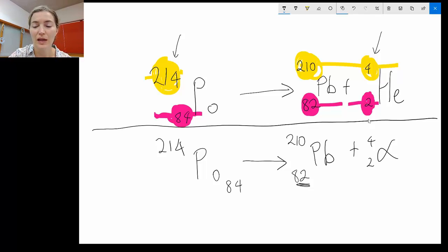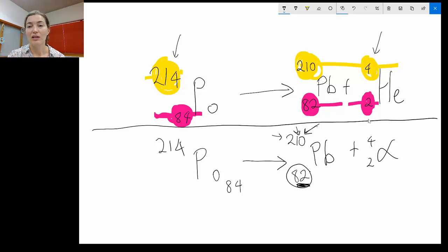Okay, so it's this number down here that really is going to give you the element, because don't forget this number here could be an isotope of that element. So we really want to look at the proton count to give us the element on the periodic table. And so we could say that polonium will decay to lead-210 when it emits an alpha particle.